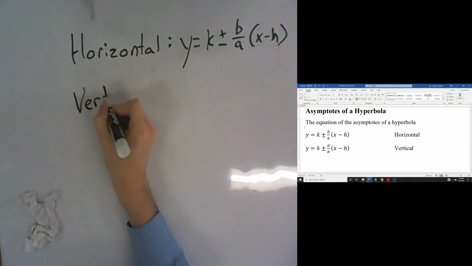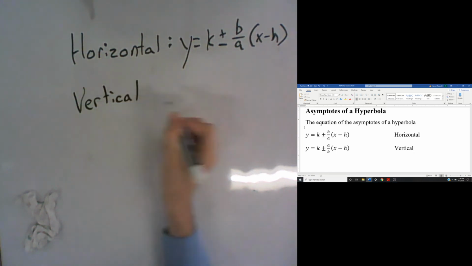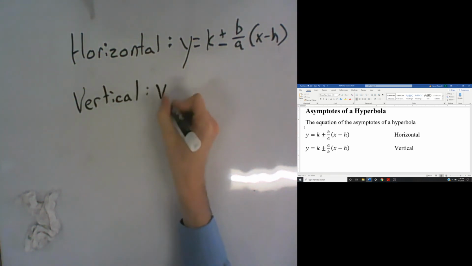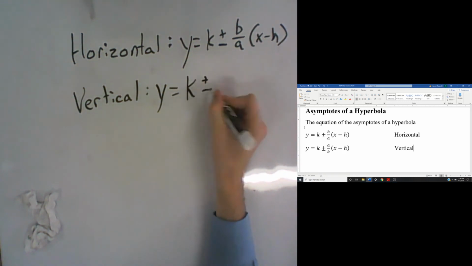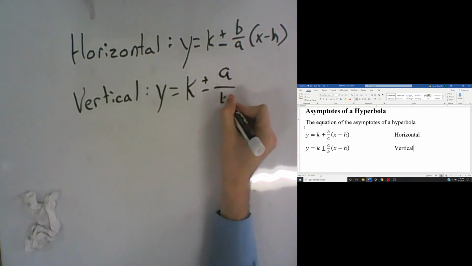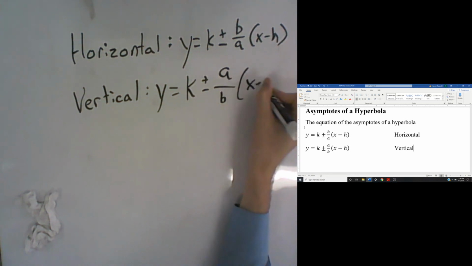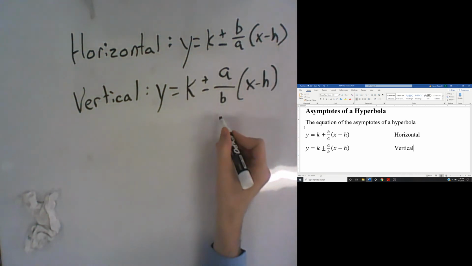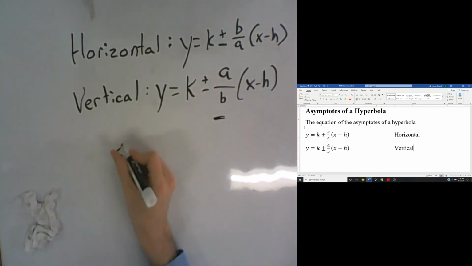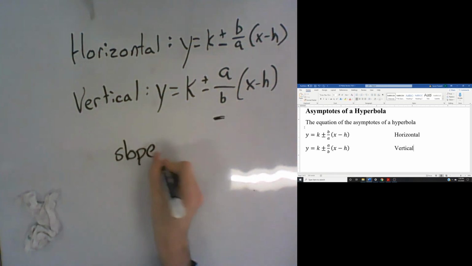Vertical is going to be y equals k plus or minus a over b times x minus h. The key difference is slope.